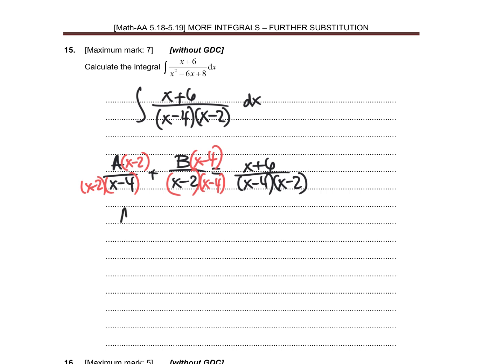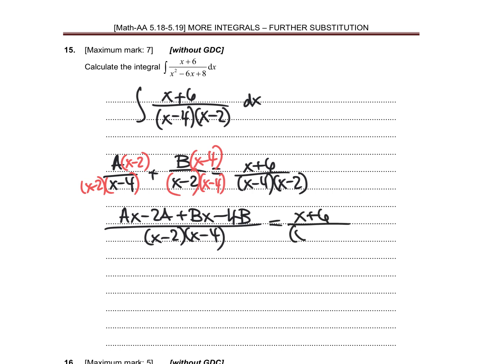And we're going to have ax minus 2a plus bx minus 4b when we expand, over x minus 2, x minus 4. All right, so now we have a plus b is 1. And we have negative 2a minus 4b is 6.